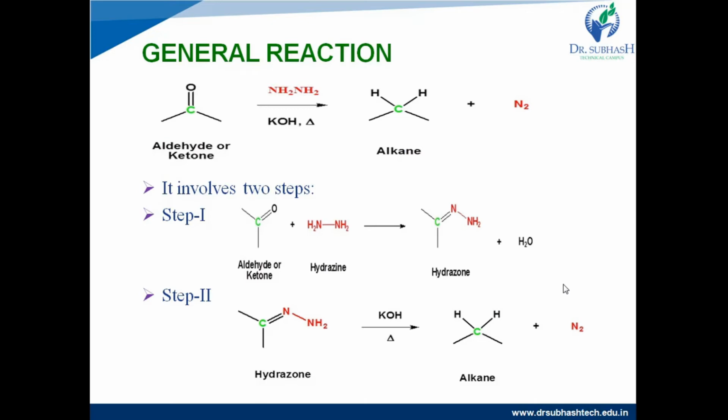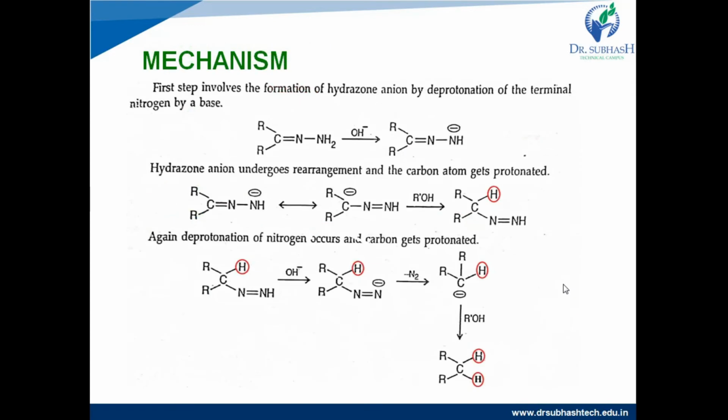Simultaneously, nitrogen of the hydrazine molecule attaches to the carbonyl carbon by a double bond, that is the hydrazone. In step 2, formation of alkane occurs. In this step, hydrazone reacts with OH base in thermal condition to form the corresponding alkane with evolution of nitrogen gas. This step can be understood by its mechanism.